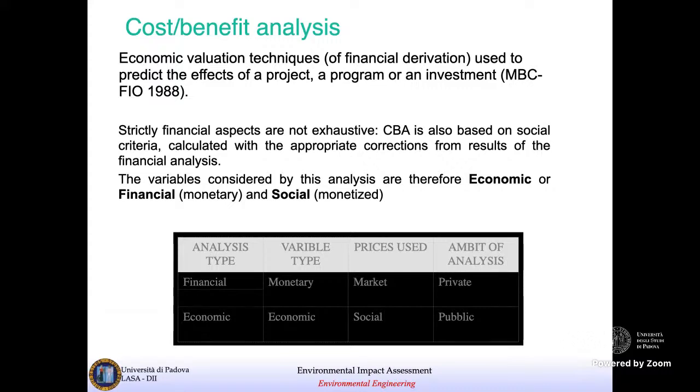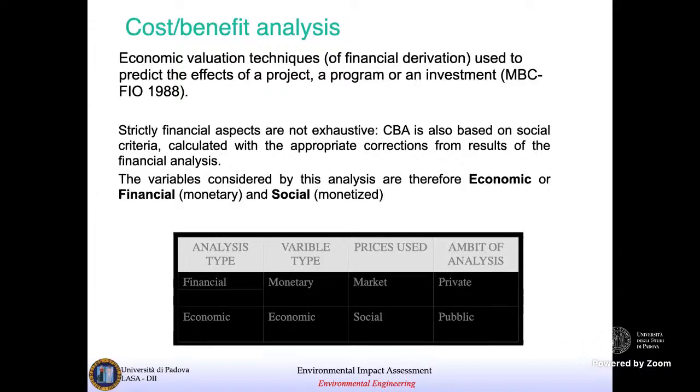While if we do cost-benefit analysis in public ambits, the type of analysis is assumed to be economic. In this case, the variable types are economical, for example, gross domestic product, GDP, and the prices used are social, defined by social structures.